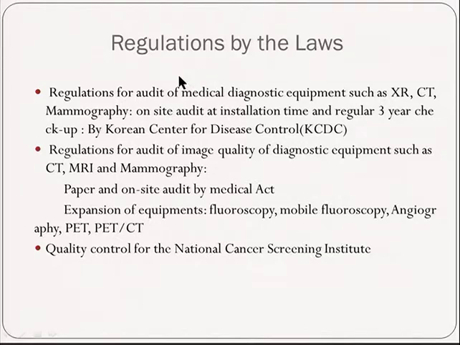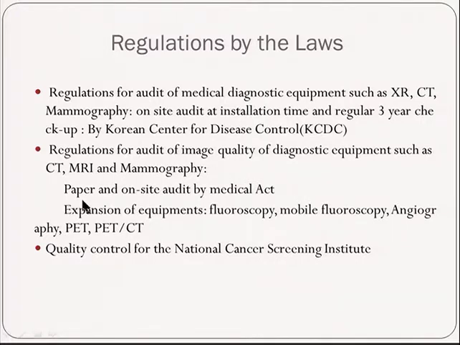In Korea, medical exposure control is regulated by laws, and these 3 areas are governed by regulations. The regulation for audit of medical diagnostic equipment such as X-ray, CT, and mammography includes on-site audit at installation time and a regular 3-year checkup. This is governed by the Korean CDC. The second act is the regulation for audit of image quality of diagnostic equipment such as CT, MRI, and mammography.